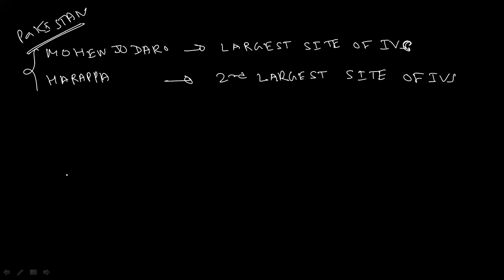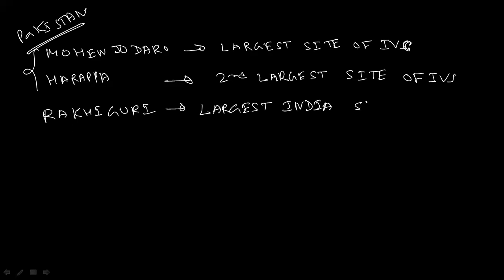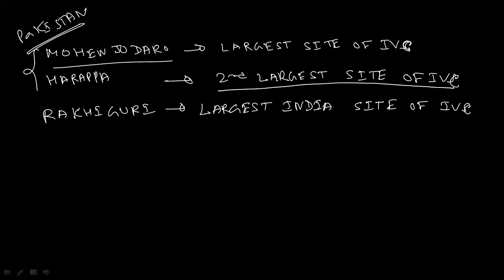Now the largest Indian site was Rakhigarhi. So Mohenjodaro was the largest site of Indus Valley civilization, Harappa was the second largest, and Rakhigarhi was the largest Indian site.